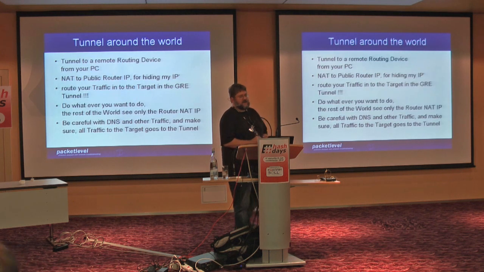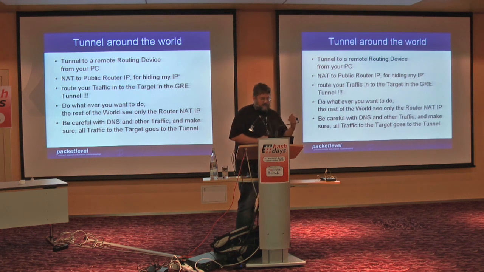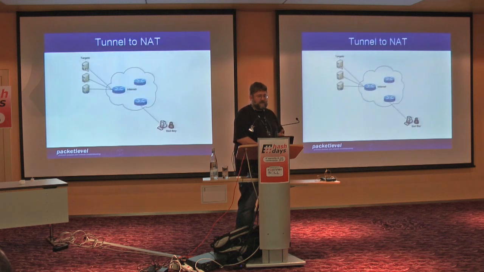There are other ways to misuse the router. The next slide is also a very common technique that we find more and more on the internet to hide the sender of the spam or attacks, because they try to hide their IP address behind the NAT that they create somewhere on the internet.